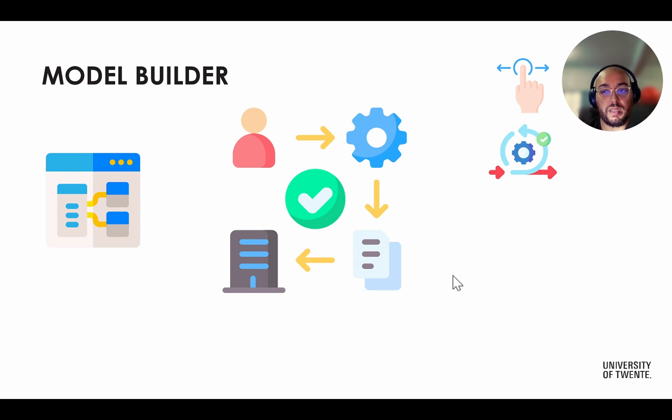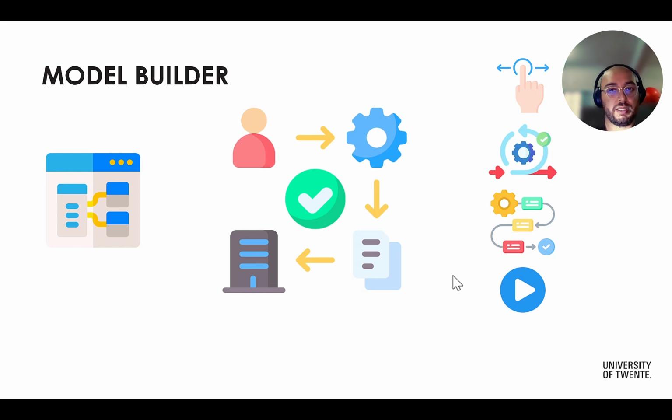And you can also show this full chain of what you're trying to analyze, so people can understand it better, and it will be easier for you to navigate and to understand where some of the difficulties in your process are. At the end, you can run it directly in the model builder, but you can also run it as a separate tool.